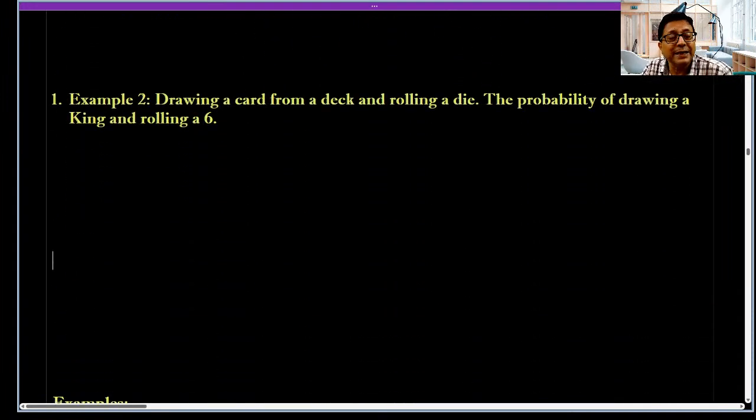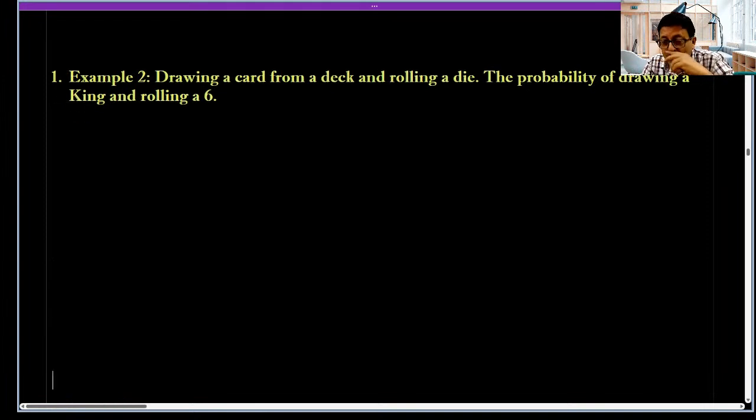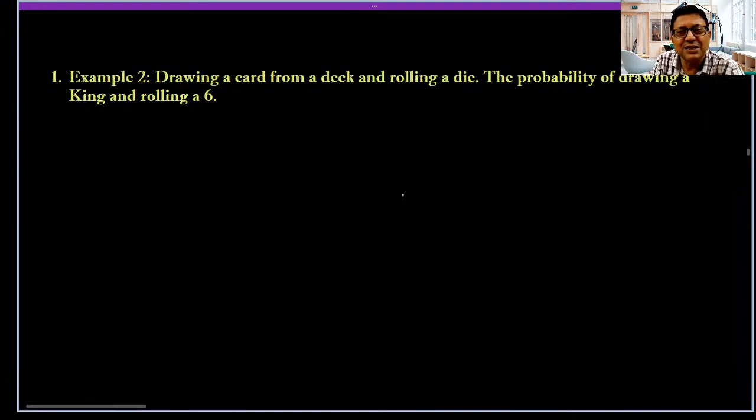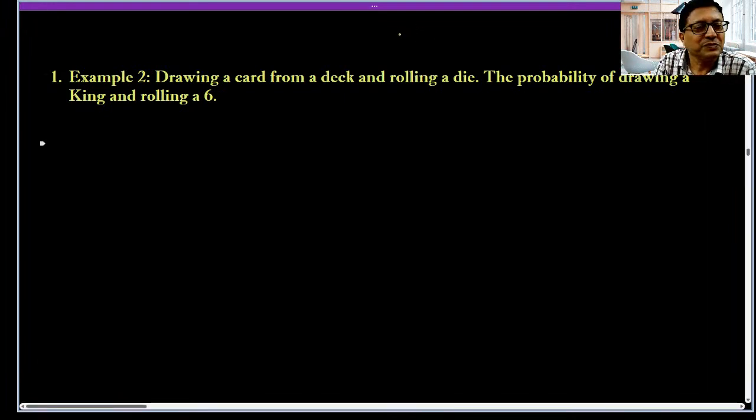Drawing a card from a deck and rolling a die. Probability of drawing a king and rolling a 6. This you have to find. Similar question. Drawing a card from a deck and rolling a die.